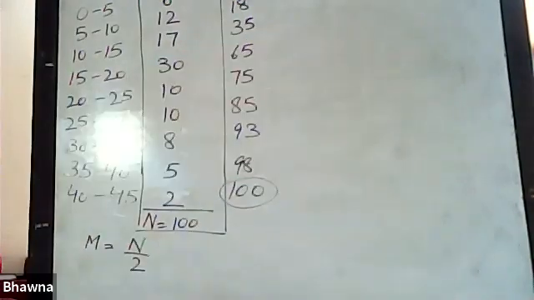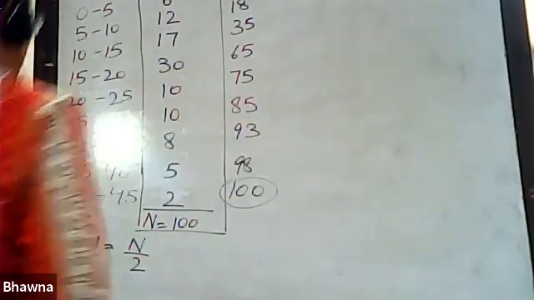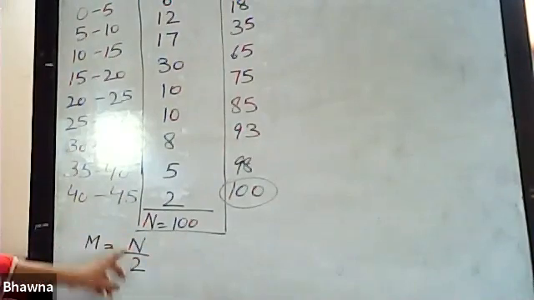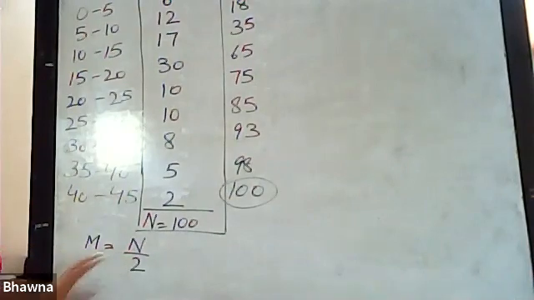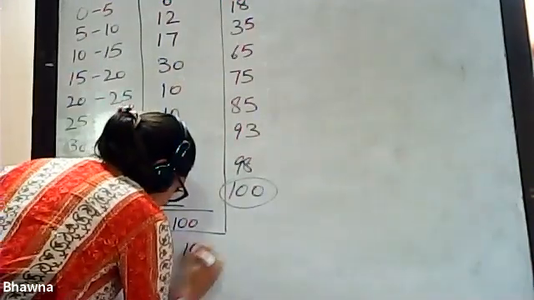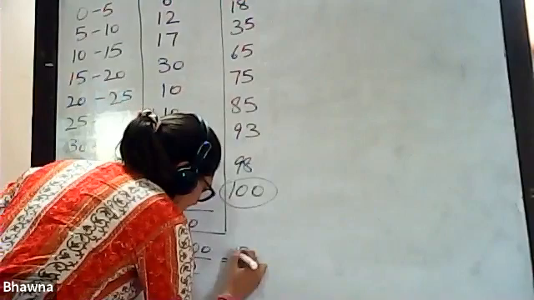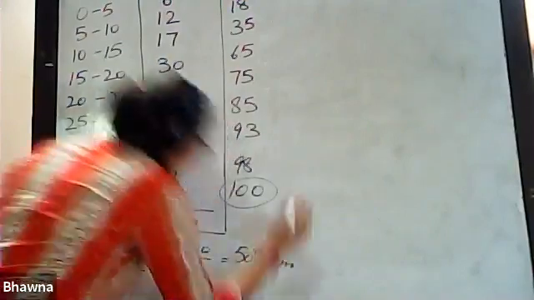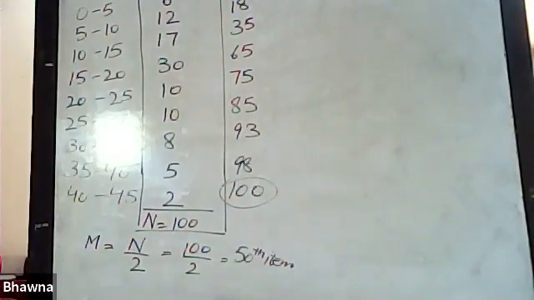In discrete series or individual series, we apply the formula n plus 1 divided by 2, but in continuous series, we apply n divided by 2. Fine. The n divided by 2 is 100 divided by 2, so the 50th item.